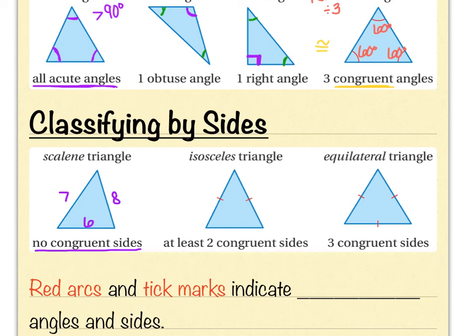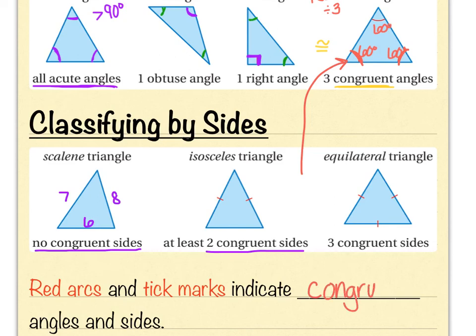An isosceles triangle has two congruent sides. It could be the top two sides or really any two sides. You see these red tick marks or arcs on the angles. If you look up here for this problem, you can see that they used arc marks. Those red arcs or tick marks indicate congruent sides and angles.